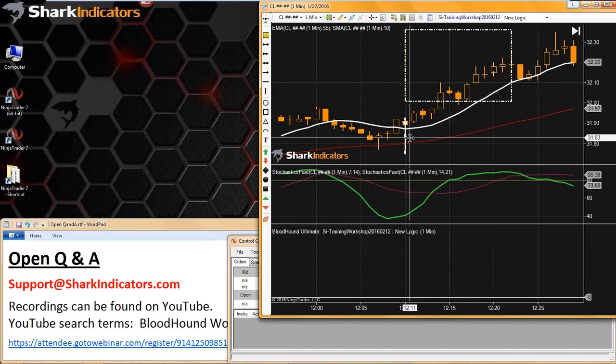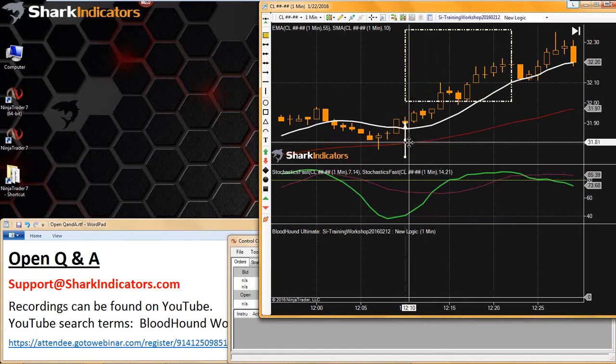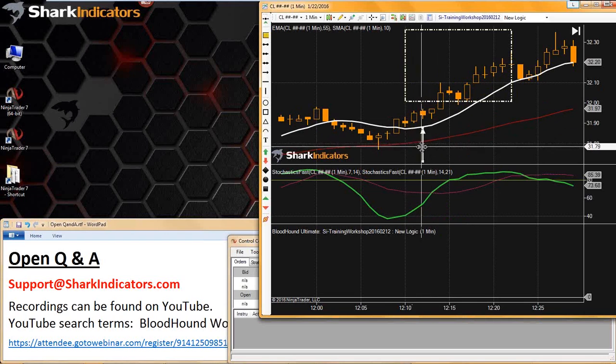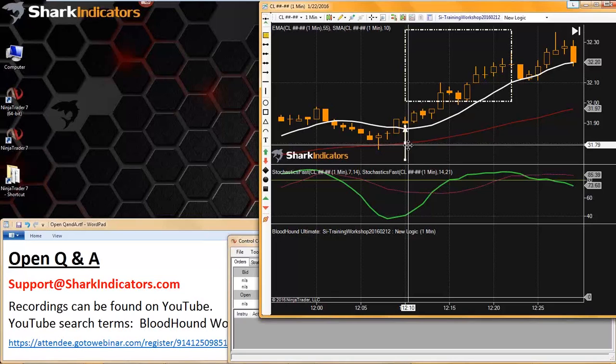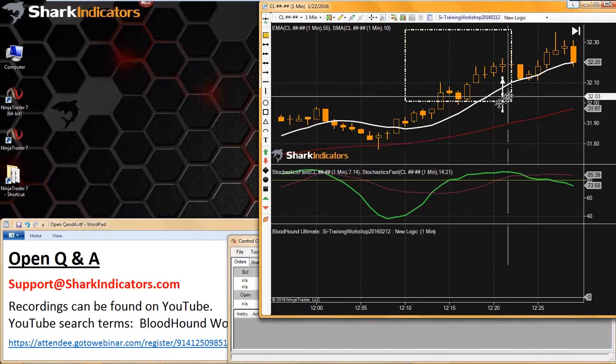So the key is, if we have an exit signal that fires off the entire time price is above our moving average, then what would happen is, for example, when price closes above our moving average, we want to exit a short trade, right? So if you build an exit signal that fires off the entire time price is above, then you wouldn't be able to take any short trades.